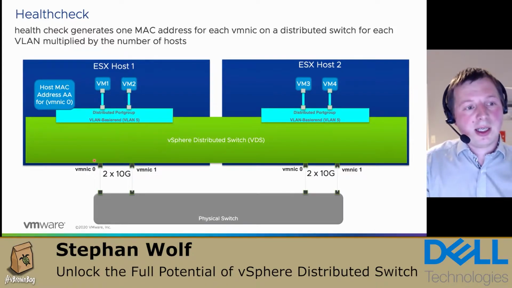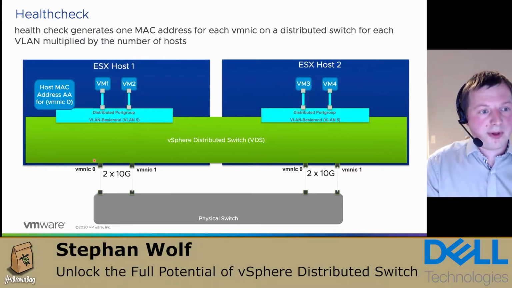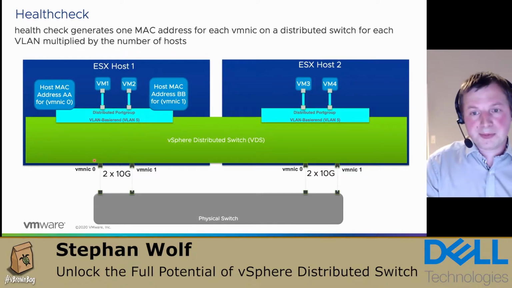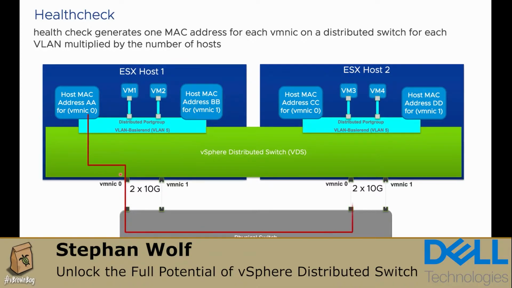We do it very easily. We create a virtual MAC address for every physical NIC, for example for physical NIC 0 and physical NIC 1, and the same on the second host. We do it in the VLAN and create the MAC address for VMNIC 0 and VMNIC 1. Then we send a probing packet from the first NIC on the first host over to the first NIC on the second host. Then we do the same with the second probe packet: we send it to the second NIC on the second host.